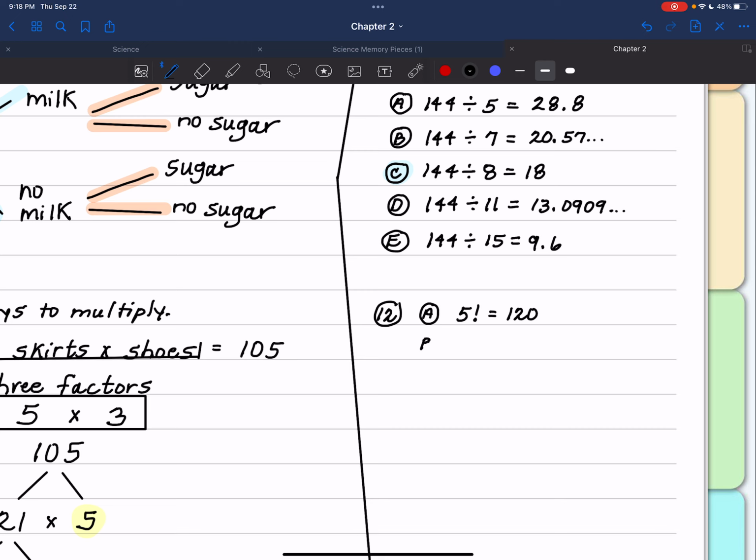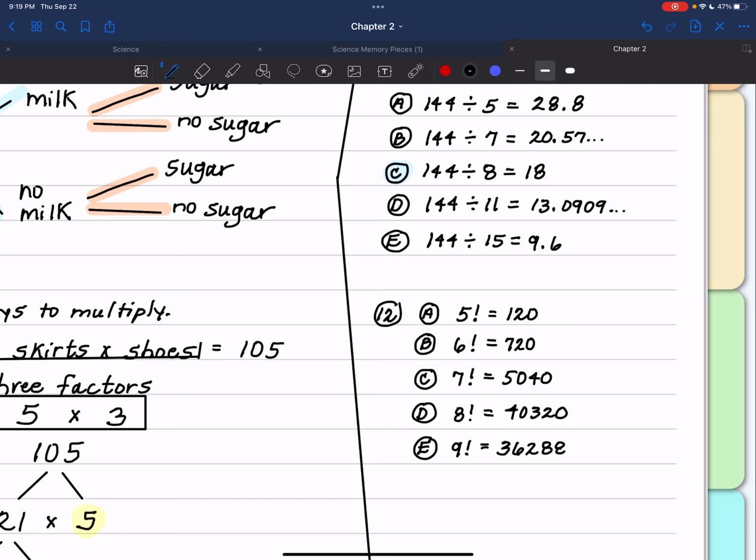Yes. 6 factorial is 720. 7 factorial is 5040. 8 factorial is 40,320. And 9 factorial is big. 362,880.